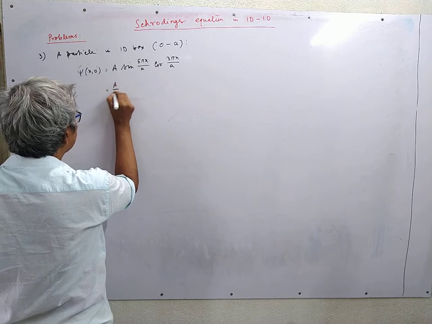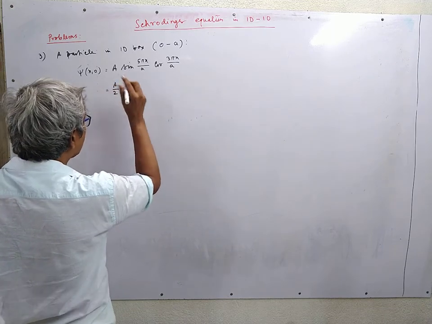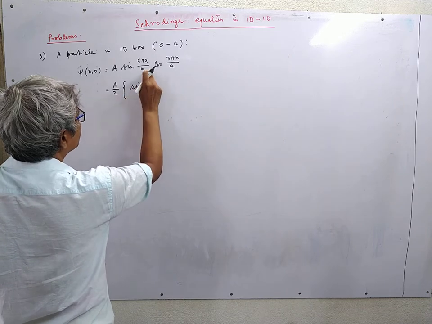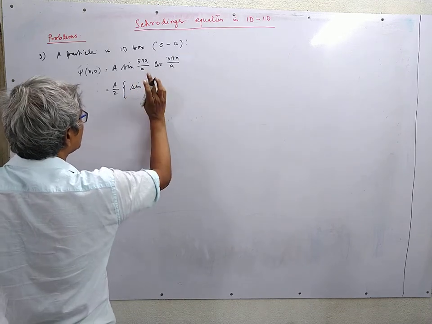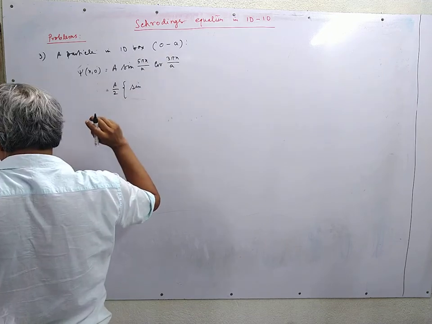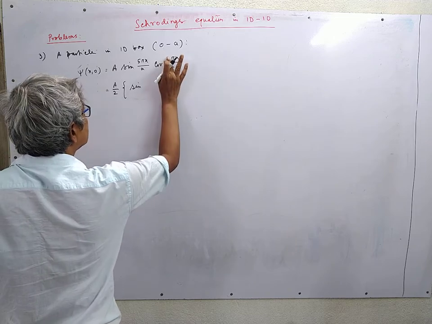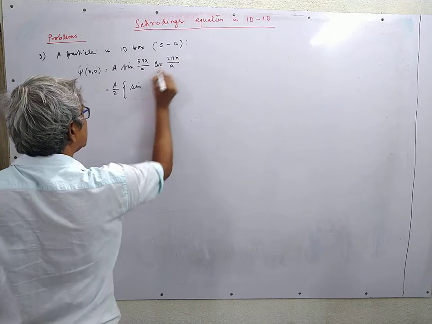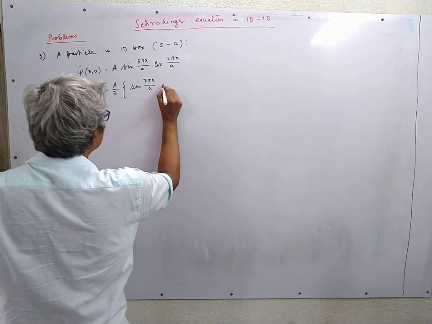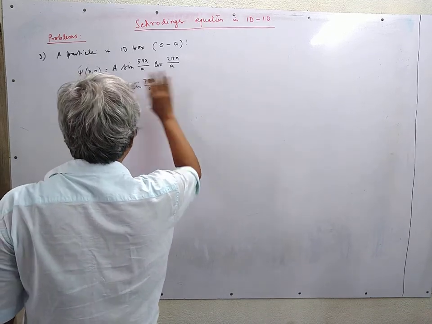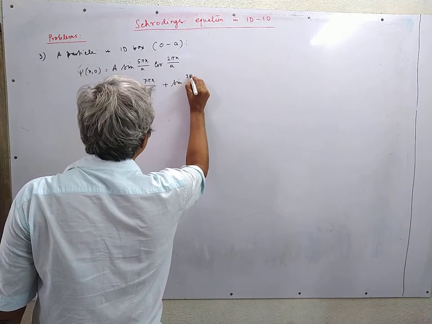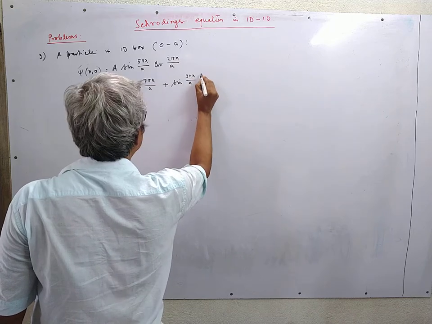This is a by 2. So there will be a 2 term comes. So this is sine of this plus this by 2. So A sine of this plus this, 5 and 2, I missed, it is 2, 7 pi x by a plus sine of 3 pi x by a.